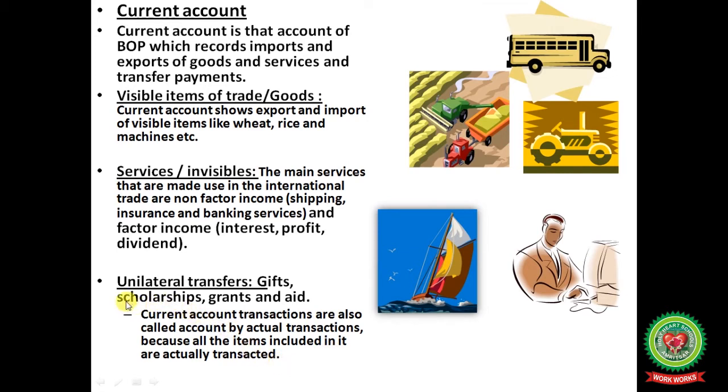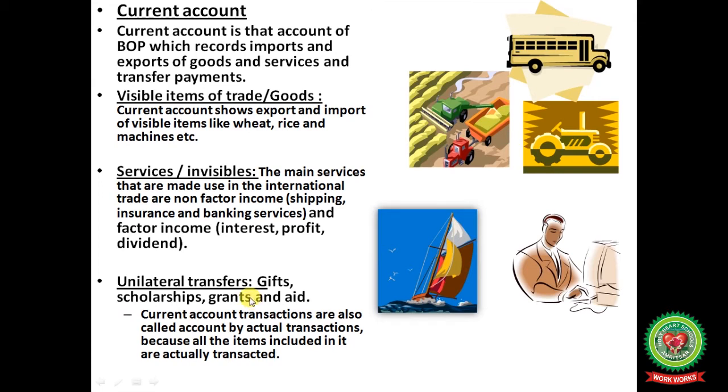When you go abroad on a scholarship for further studies, on the expenditure of the foreign government, that is known as a scholarship. Grants are when the government gives money to schools and colleges for upgradation.